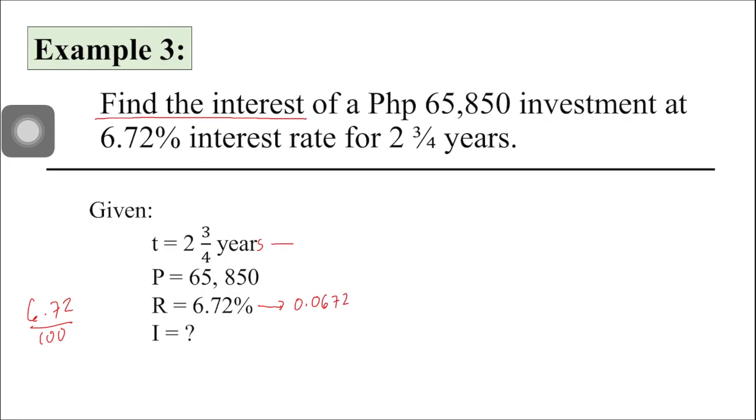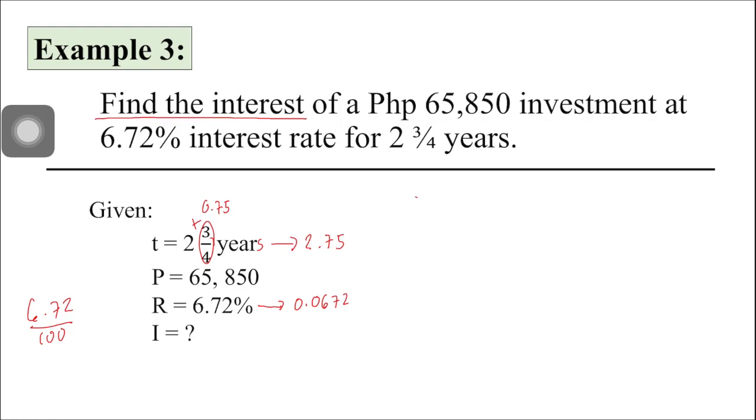And also the time, you need to express into decimal form so it is easy to calculate in your calculator during the exam. This is 2.75. So 3/4 is 3 divided by 4, that's 0.75, plus 2, so that's 2.75.